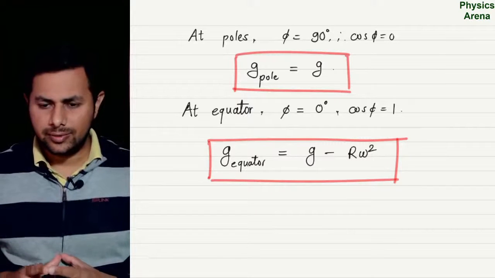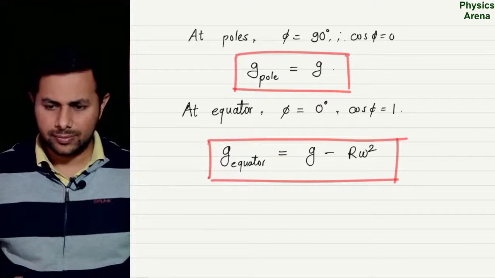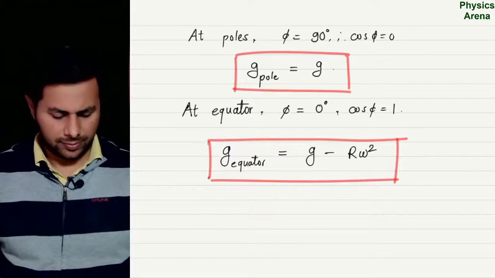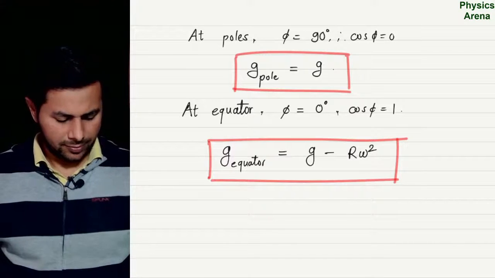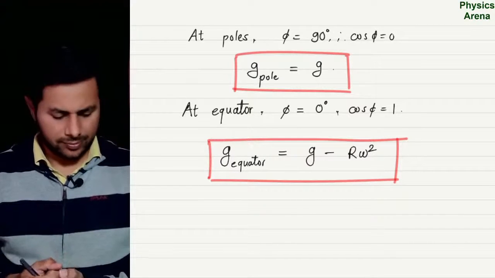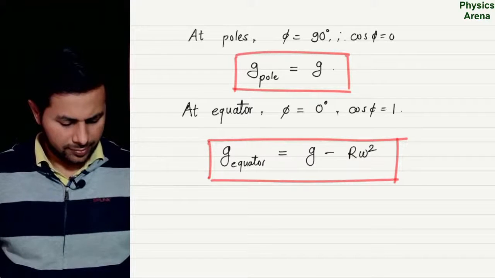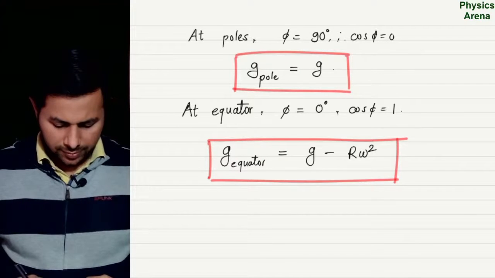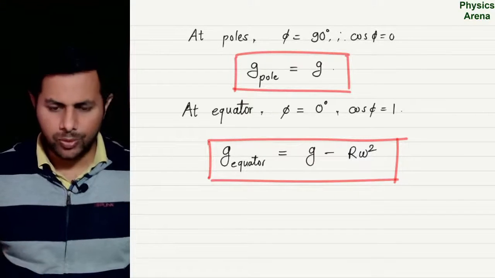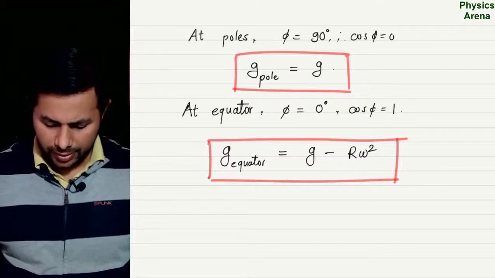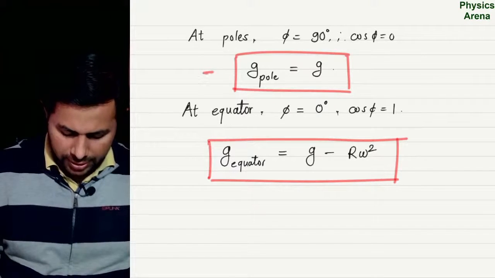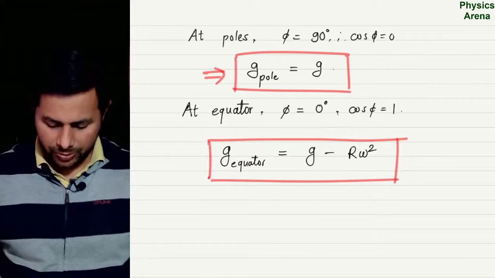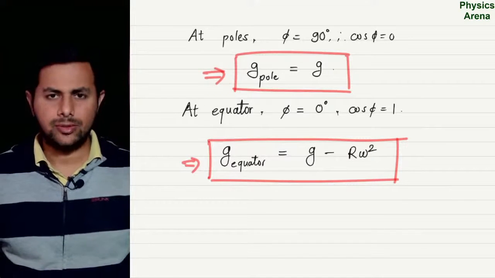Okay, is this thing clear? Yes, is it clear? Here we are talking about poles. So this formula is for poles and this one is for equator.